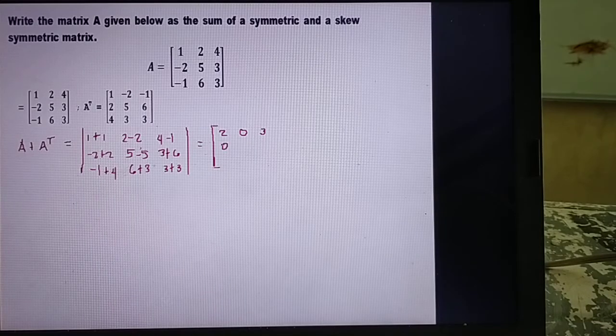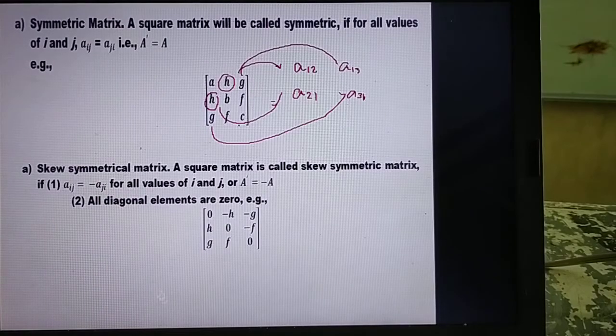This is 0, 0, this is 9, this is 3, this is 9, and this is 6. So that is the symmetric matrix because we just created this pattern.